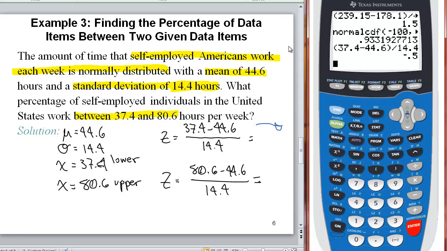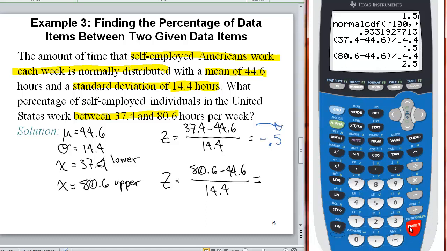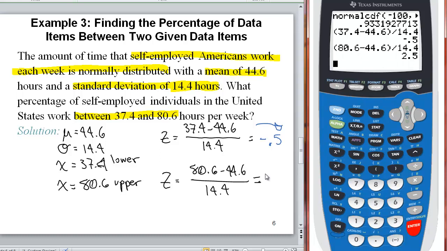Okay, so it's negative 0.5. Then we're going to go parentheses 80.6 minus 44.6, close it up, divided by 14.4, and we're going to end up with 2.5. So 2.5 standard deviations above.